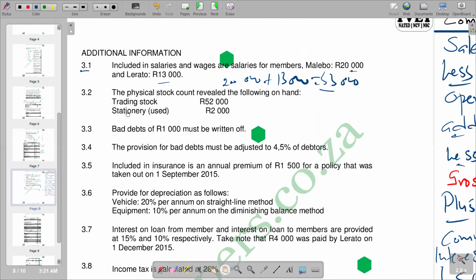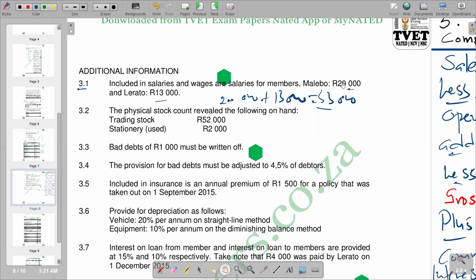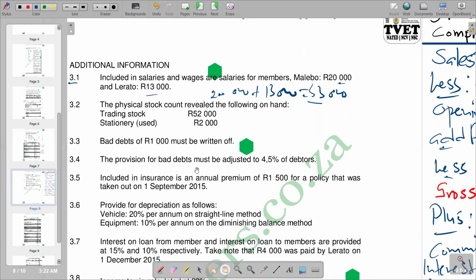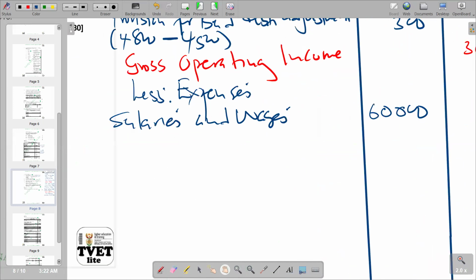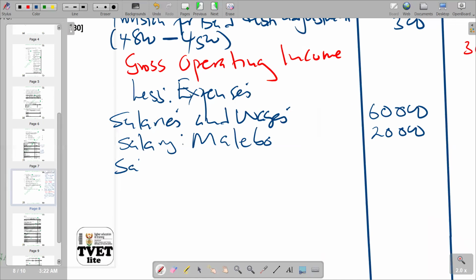We are given the one for Malebo to disclose separately, and the one for Alerato 13,000, we are going to disclose it separately there. So we say salary Malebo, and the amount that we have there is 12,000. They also say salary Alerato, and the amount that we have there is 13,000. And then we are done with that one.